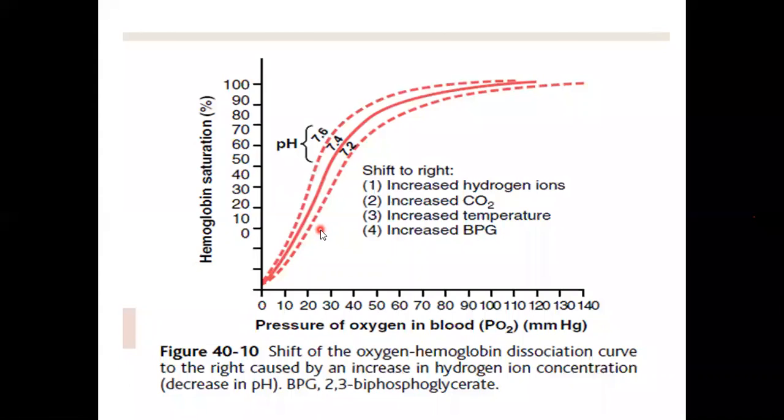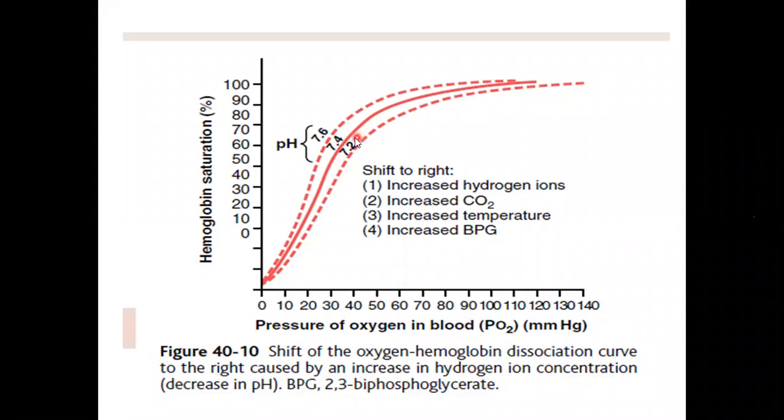Let us tell you once again that in normal tissues the partial pressure of oxygen is around 40 mm of Hg, and during that, 75% is saturated. Only 22% of oxygen will be given.